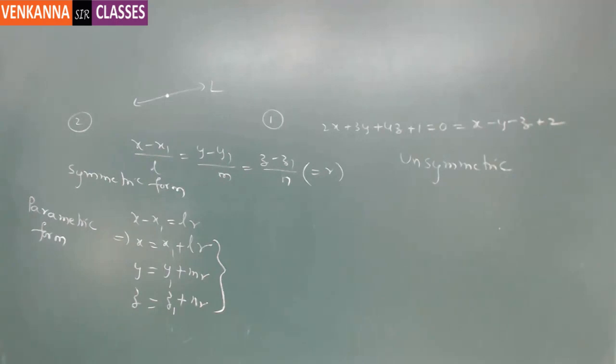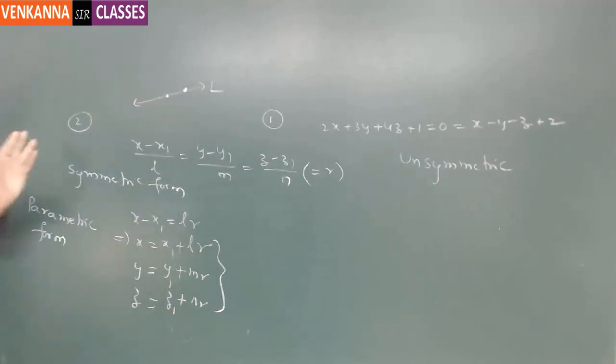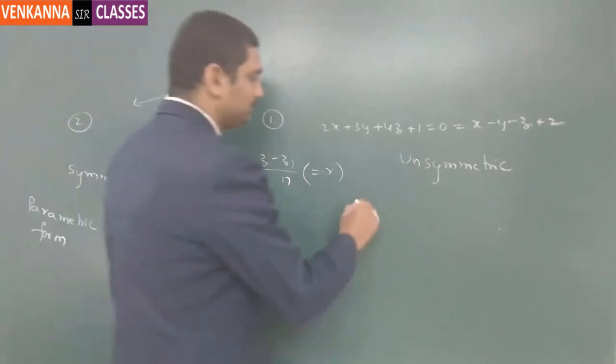There is one more thing, vector representation, which we don't do with regard to the problems. So I am skipping that. There is no need to learn the vector notation separately. Another thing is, whenever you know 2 points on the line, the equation of the line will be obtained using the formula.